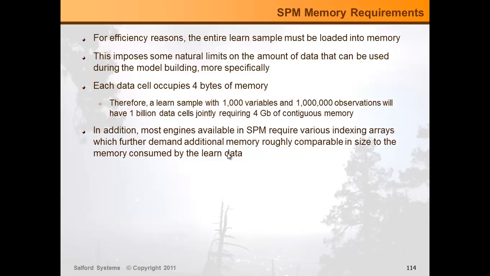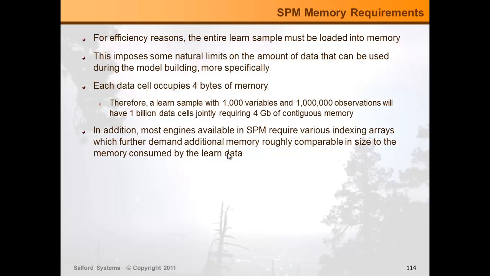Now, in addition to the memory occupied by the learn sample, most of our engines also require additional memory allocated to various indexing arrays. For example, when 3Net does its work, in addition to having the data itself, it also needs to construct indexing arrays that help processing all of the internal sort sequences and therefore make the application run very fast.